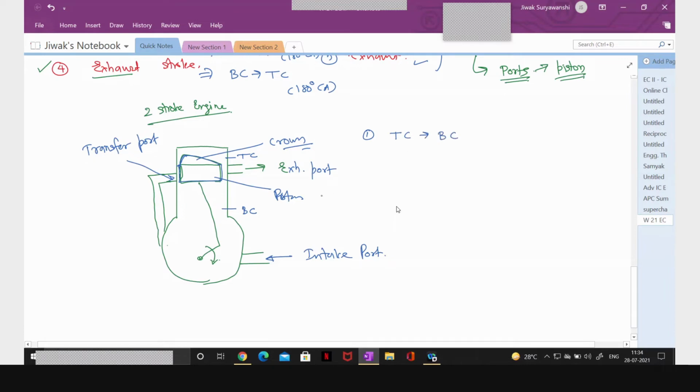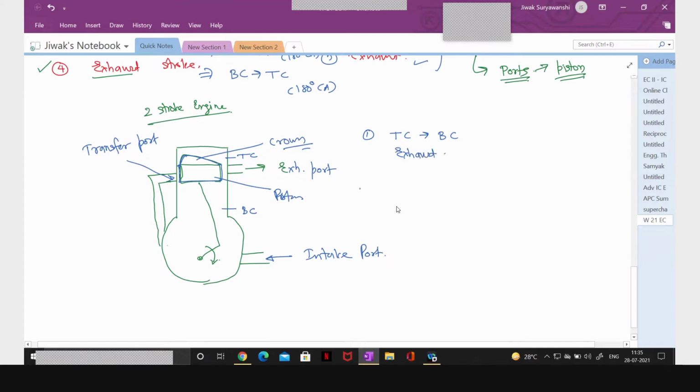First, it uncovers the exhaust port. So whatever gases are there will go out from the cylinder to the atmosphere. So the exhaust process will take place. Then it uncovers the transfer port.